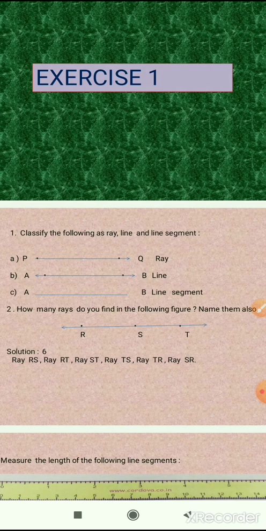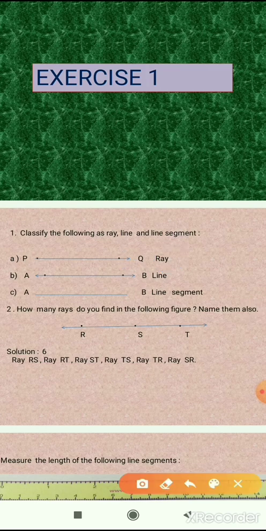The first figure is of a ray. Why? Because it has an initial point, meaning starting point, and an arrowhead in only one direction, meaning it can be extended indefinitely in only one direction. So the first figure is of a ray.